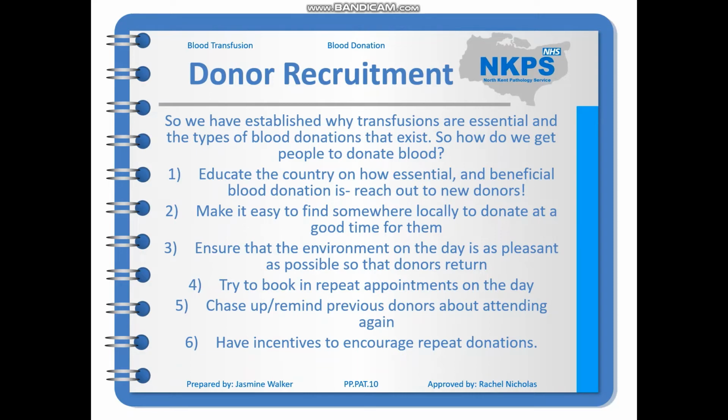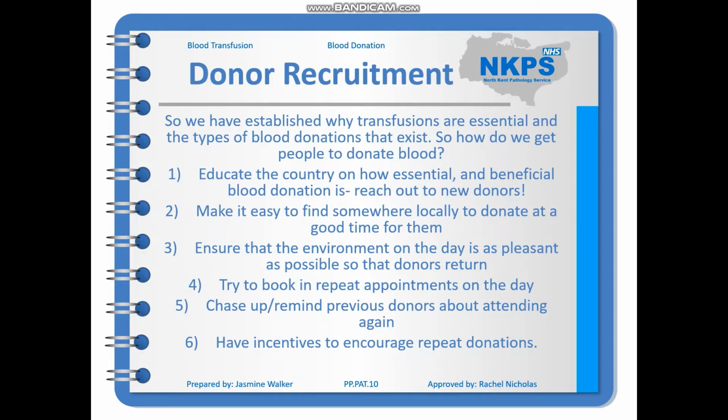So we have established why transfusions are essential and the types of blood donations that exist. But how do we get people to donate? Educating the country on how to donate and the benefits of blood donation is really important.